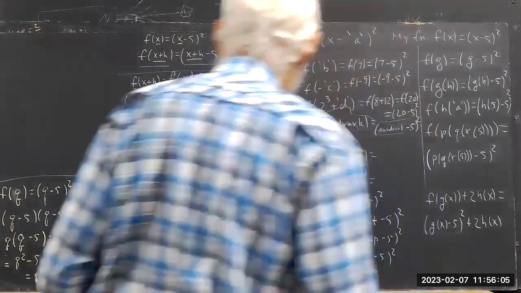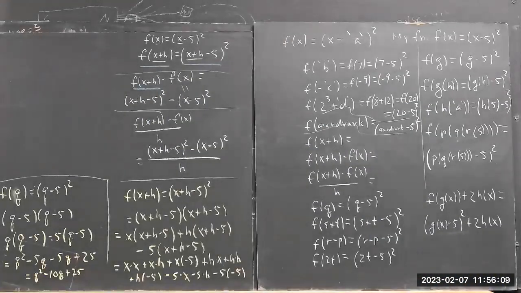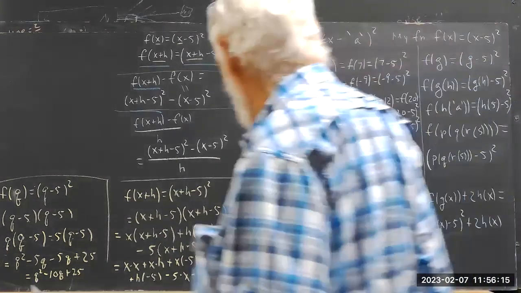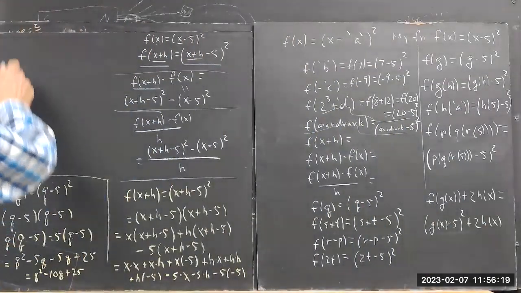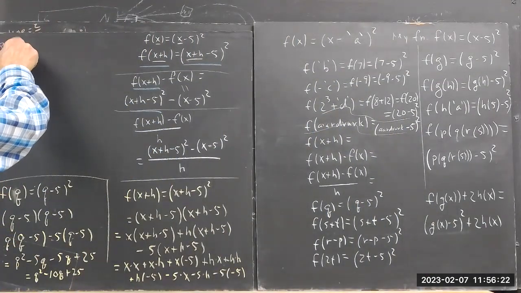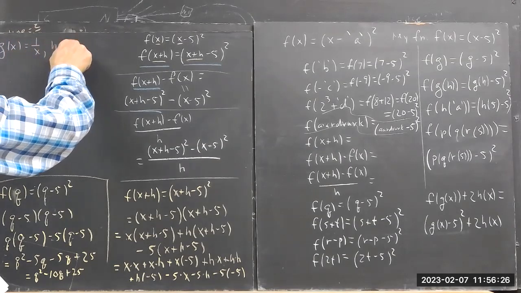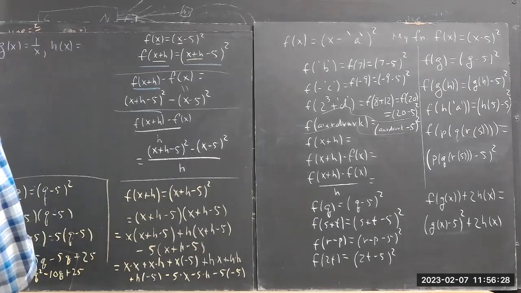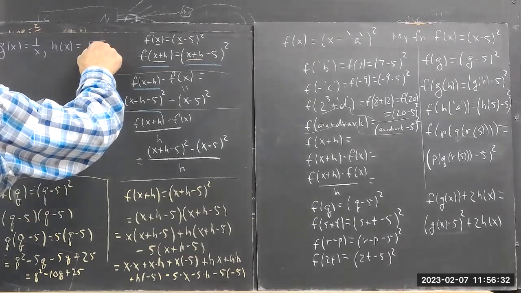Okay. So now, if you look on the sheet, I'll tell you that g of x is 1 over x. h of x is the square root of x.